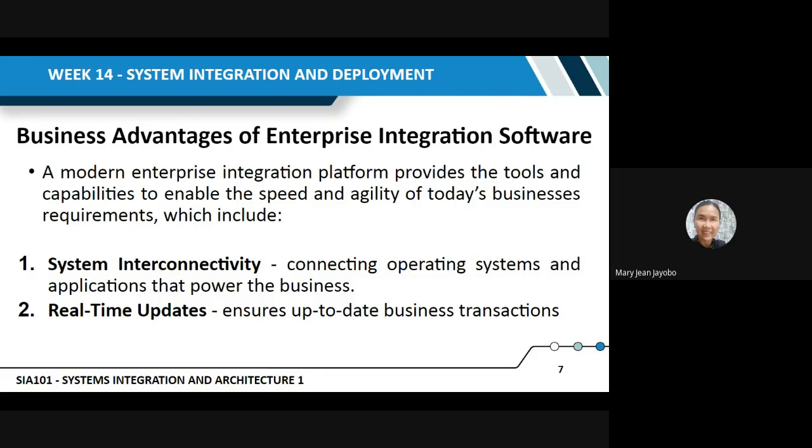So, the main role ng isang system integration is what? Connect operating systems and applications so that it will give power for the business. When we say power, they can work smoothly, and it will help solve their problems.